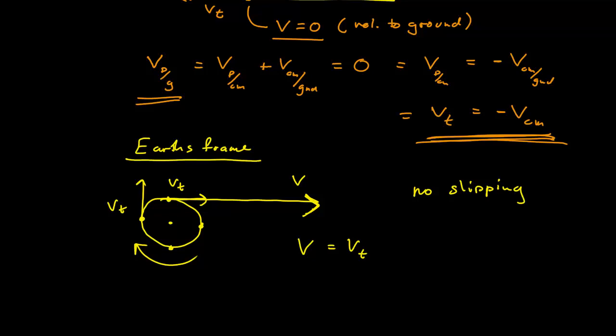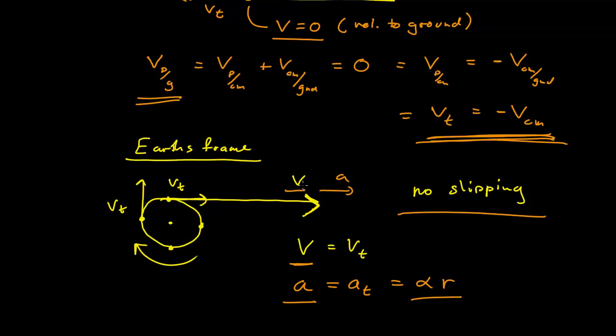And if we differentiate it, the acceleration of the string, if it is being accelerated, is equal to the tangential acceleration, which is equal to the angular acceleration times r. So the idea of rolling without slipping is the same idea as a string rotating a cylinder or a sphere, where the string is not slipping on the sphere. You have another relationship between this linear velocity, in this case the linear velocity of the string, and the tangential velocity of a point moving around the cylinder.